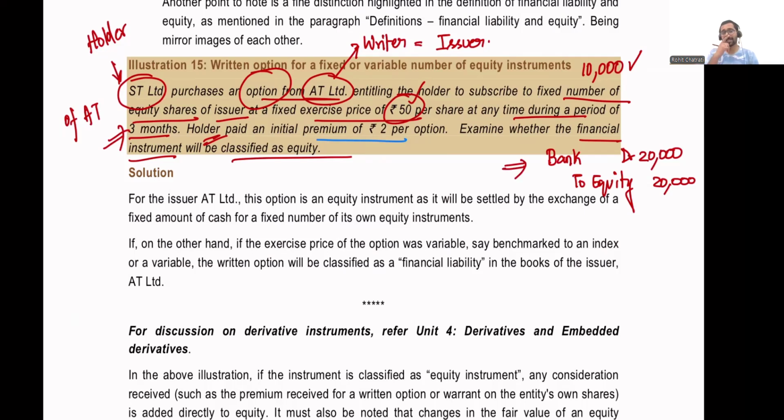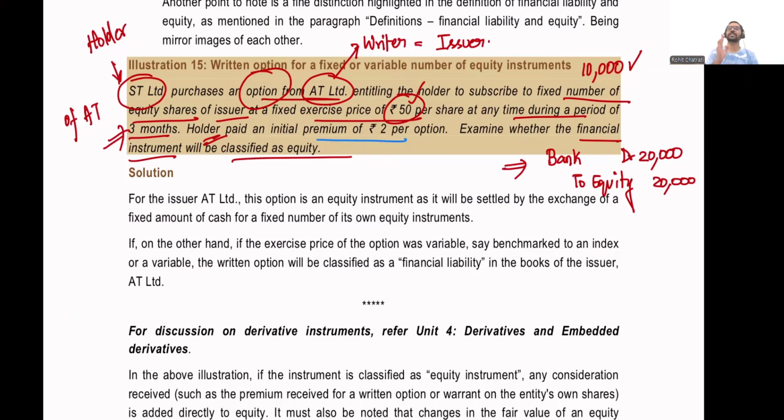Now, over here, you might say that AT Limited does not necessarily have an obligation. It has an obligation if ST Limited actually exercises. If ST Limited exercises, then AT Limited has an obligation. But if ST Limited does not exercise, if the option lapses, then AT Limited does not have an obligation. Yes, that is correct. But we are actually not going to see whether the option will be exercised or not.